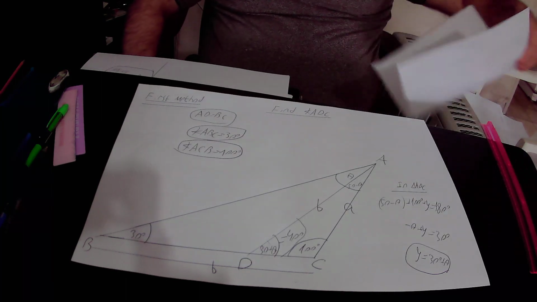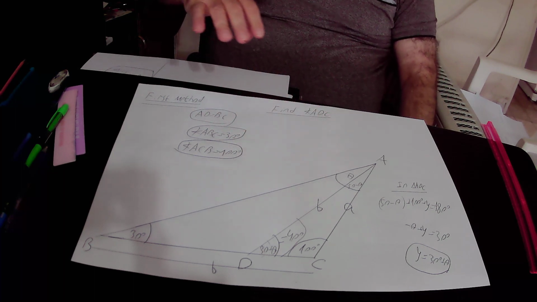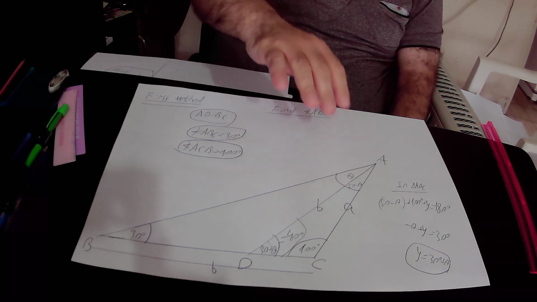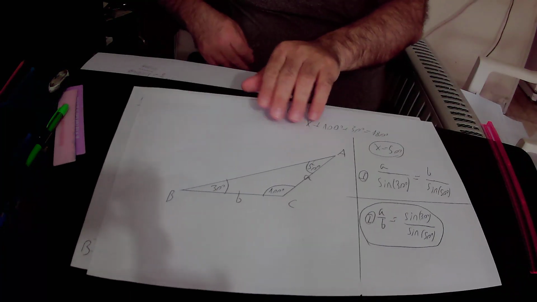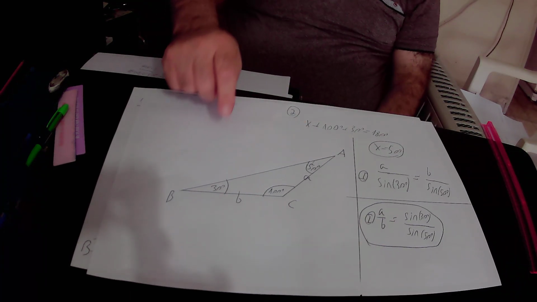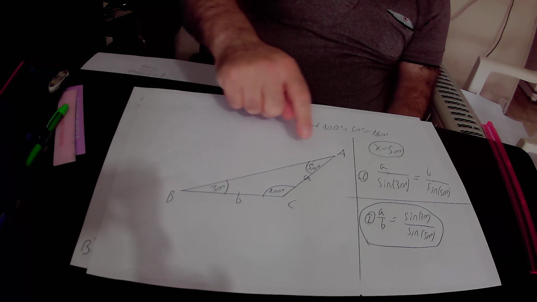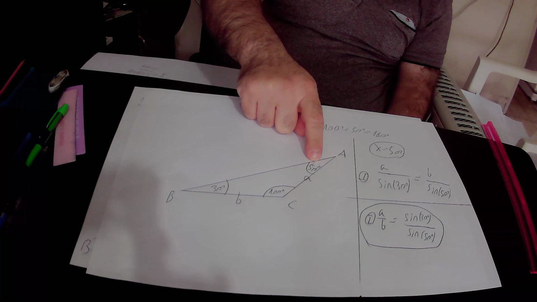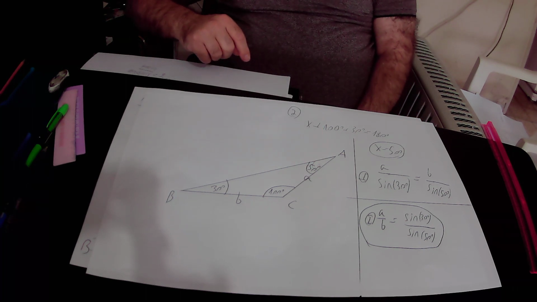Then I copied triangle ABC in a new page, and we implemented the law of sines in this triangle. It is given in the question that angle ABC is 30 degrees, angle ACB is 100 degrees, and this angle is the missing angle, so we defined it as angle X. The sum of the angles in any triangle is 180 degrees.